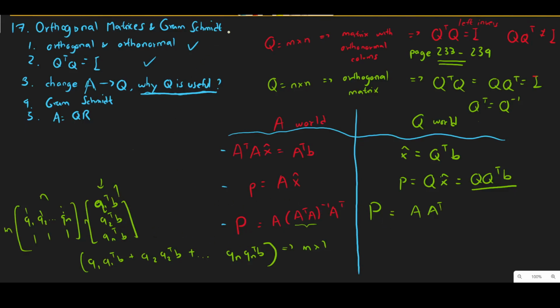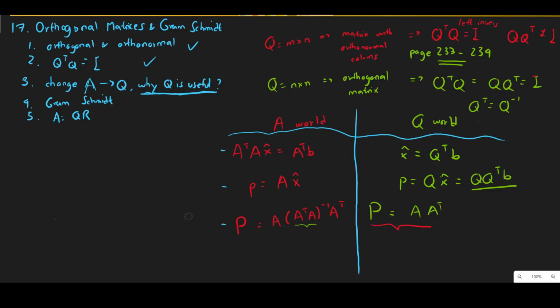Okay, so let's move on to this important case that will happen here. I will delete this one first. Let's not forget that there is also an important case where Q is an orthogonal matrix, which is the square matrix. What happened here is that, I'm sorry, this is terrible.